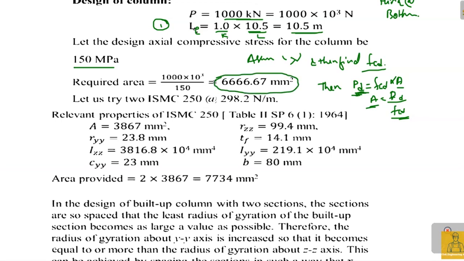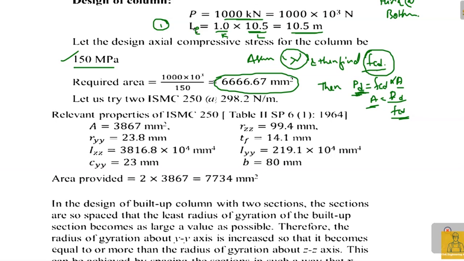But here in this question we have solved it differently, because instead of assuming the lambda value and finding FCD, we directly assumed a value of FCD. So for a column, the design axial compressive stress has to be around 150 MPa minimum, 125 to 150 MPa.